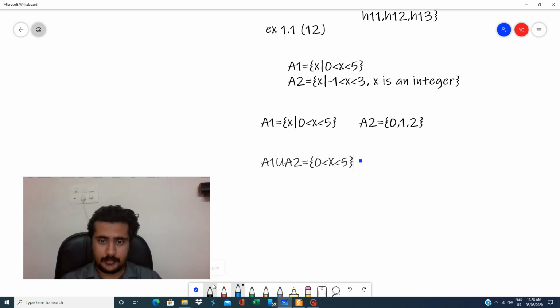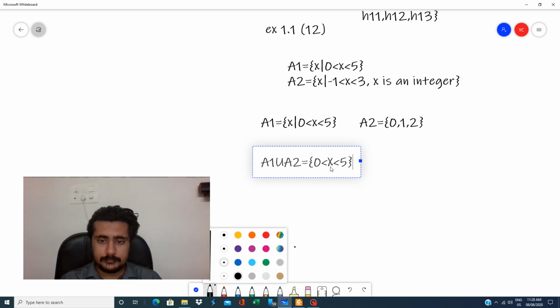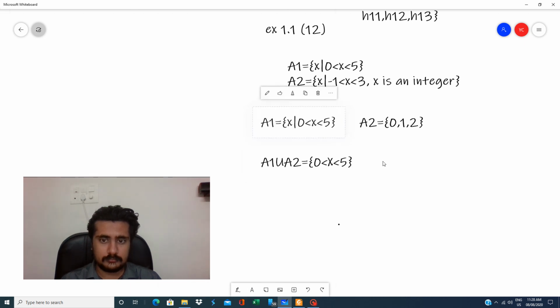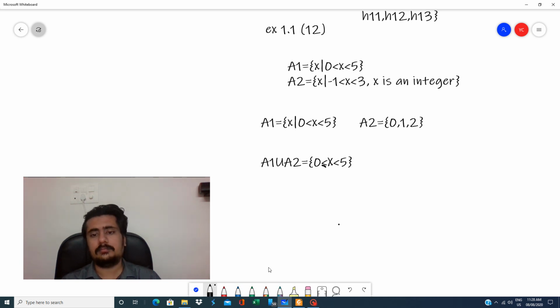Okay, let us mark it like that. So it is 0 less than equal to x less than equal to.